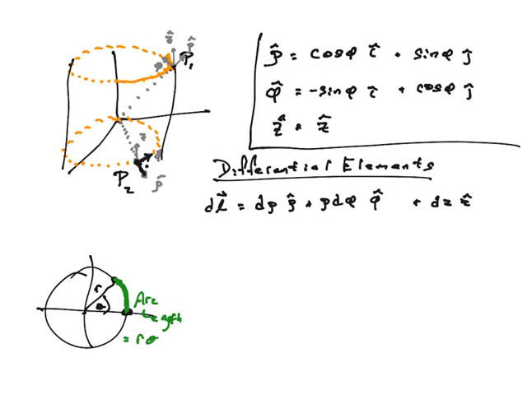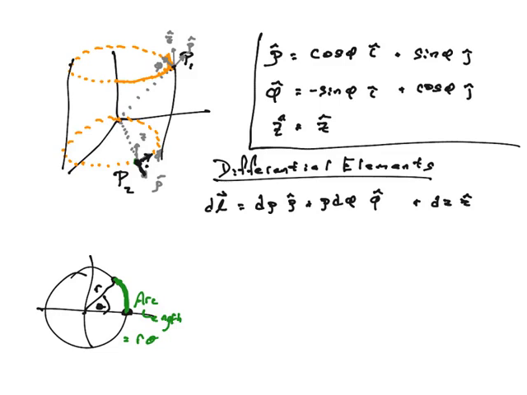So I've moved from point P to a slightly nearby point. In the rho hat direction, I've moved d rho. In the z hat direction, I moved dz. But in the angular phi hat direction, I moved an arc length, and that arc length is rho d phi. Okay, so there's my dl.